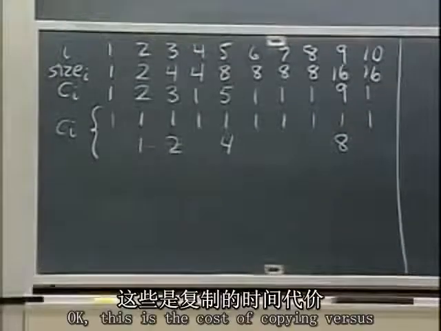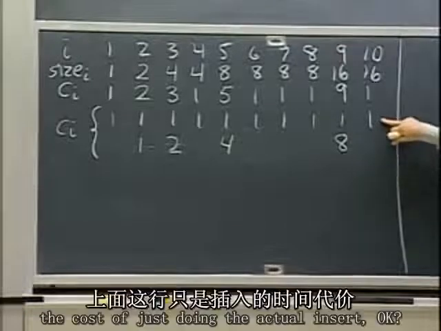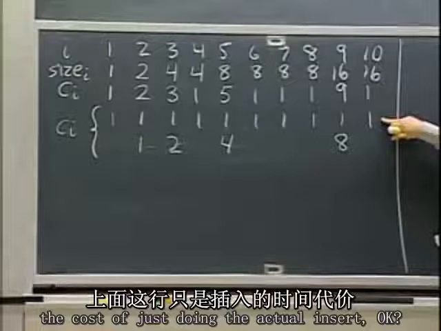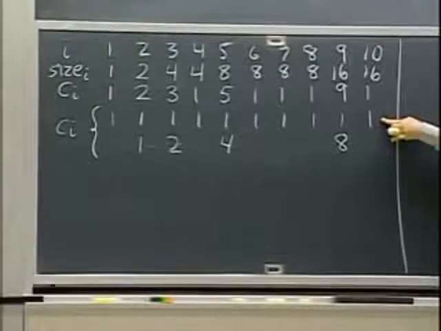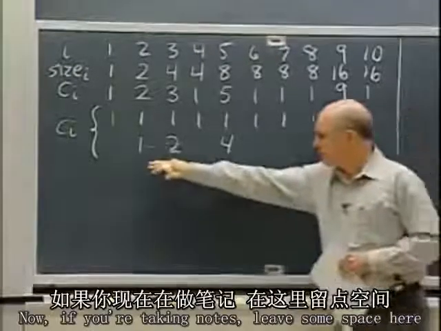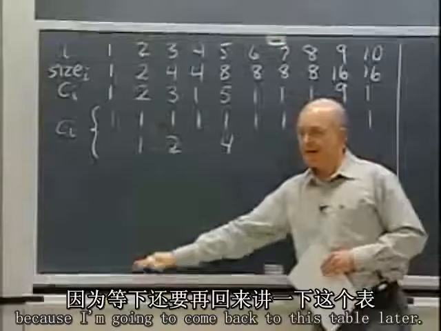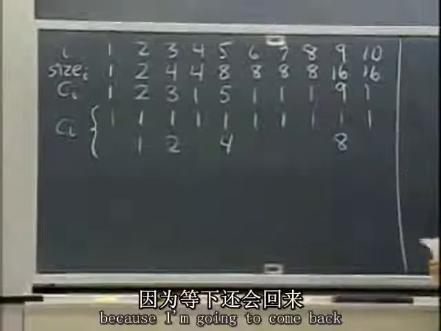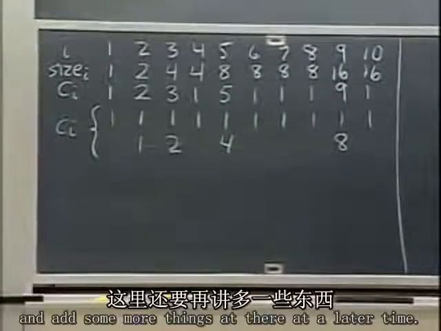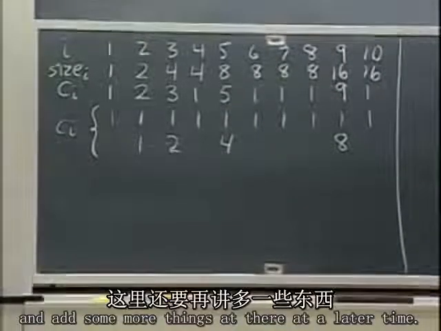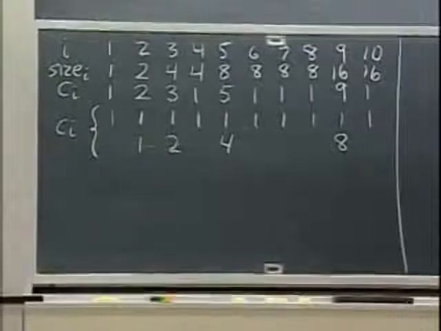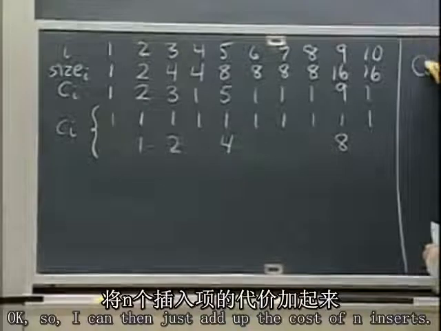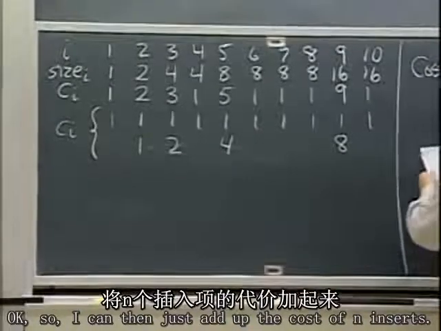Okay, this is the cost of copying versus the cost of just doing the actual insert. Okay? Now, if you're taking notes, leave some space here because I'm going to come back to this table later and add some more things in there at a later time. Okay? So I can then just add up the cost of n inserts.